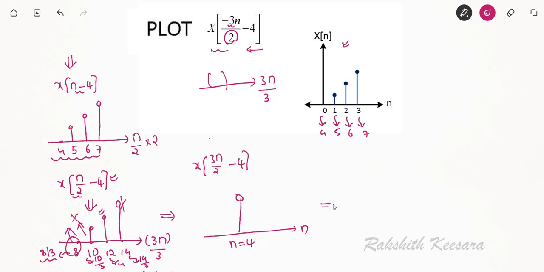Next, at the end we should perform the reversal operation, that is, x of minus 3n by 2 minus 4. We should take the mirror image with respect to the y-axis. So this will be your answer. This is the process of performing operations in the discrete domain.